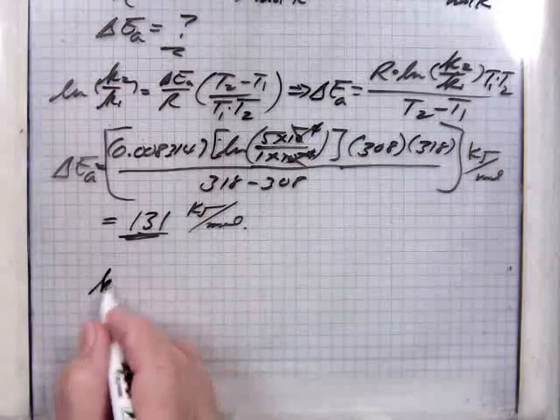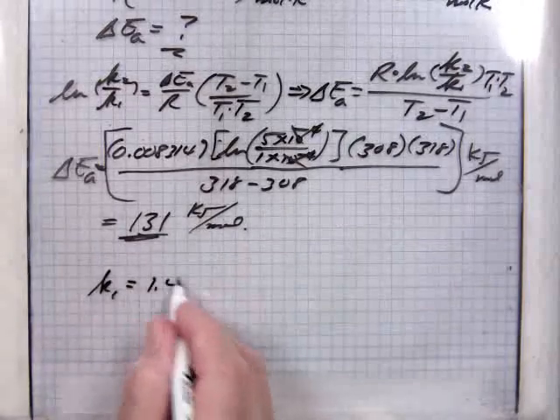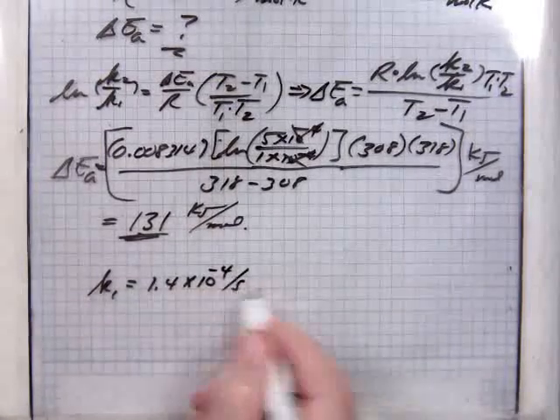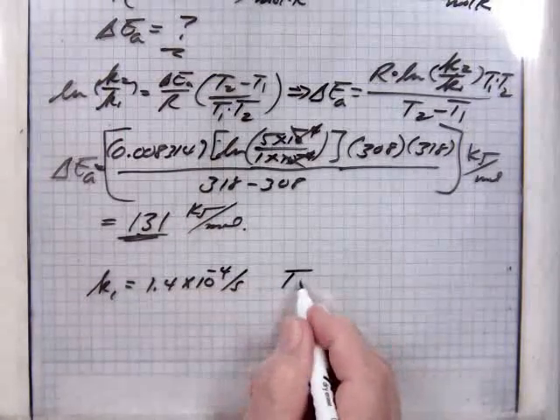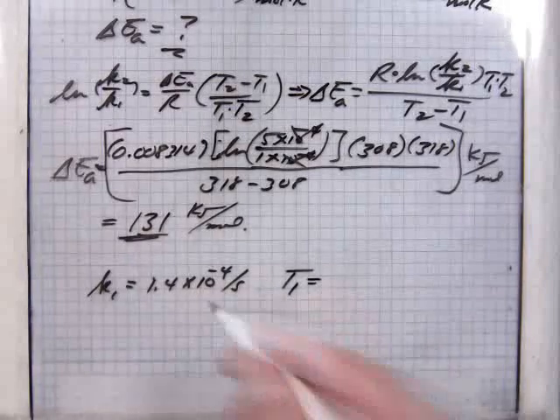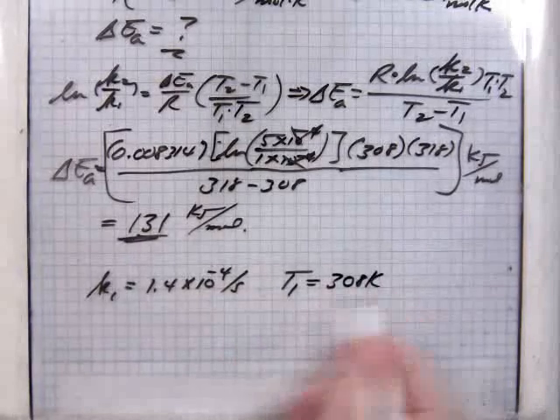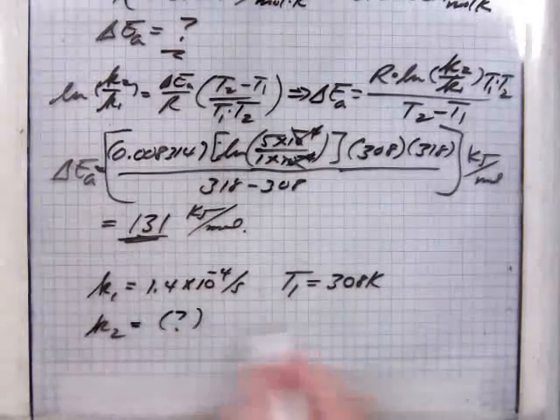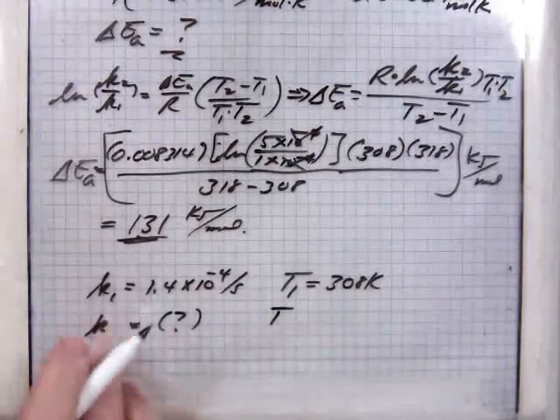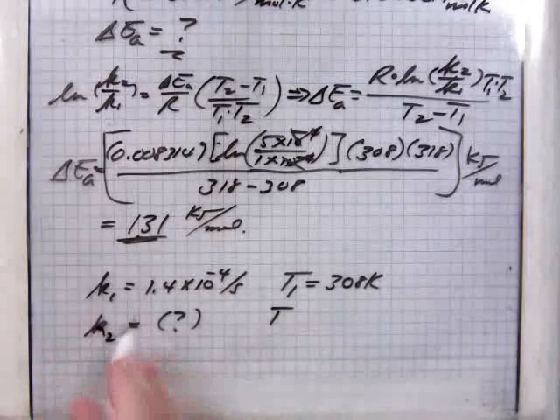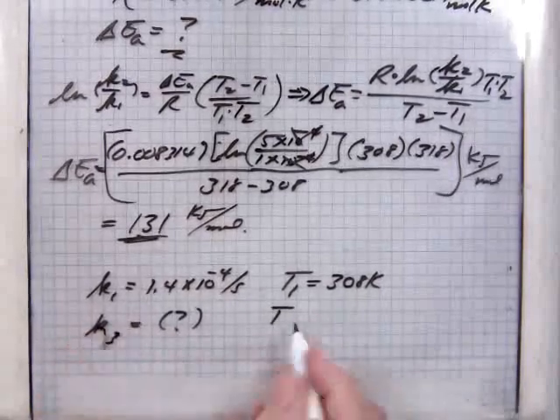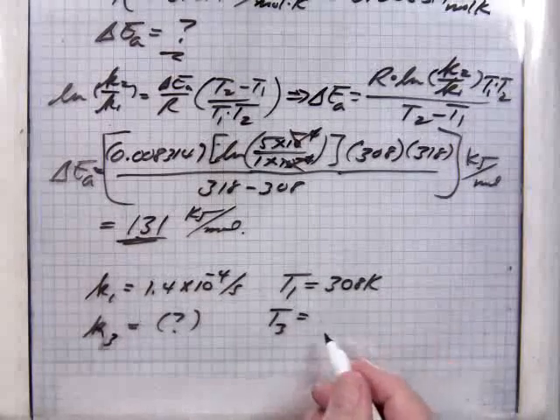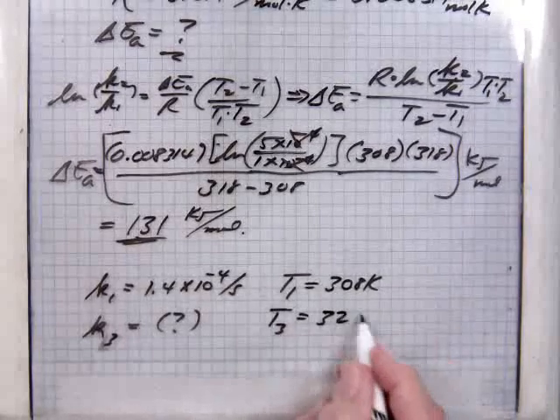So K1 was 1.4 times 10 to the minus 4 per second, and T1 is 308 Kelvin. Well, K2 is equal to the unknown at, let's make it K3, since we already got a 2. And T3 is equal to 55 plus 273, that's 328 Kelvin.